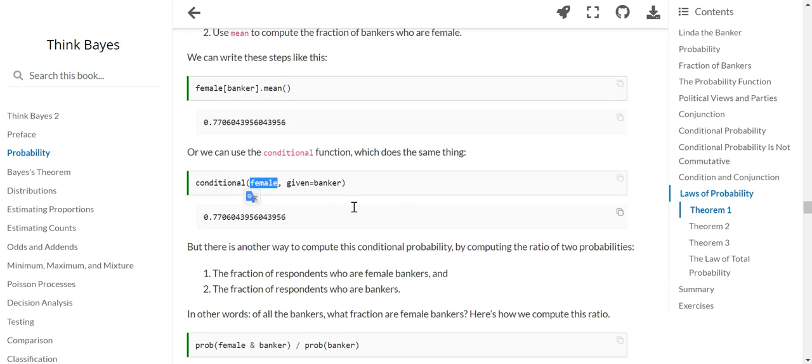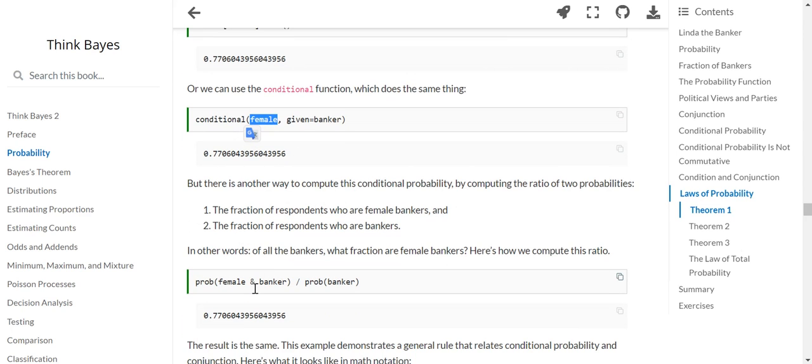But there's another way to compute this conditional probability by computing the ratio of two probabilities: the fraction of respondents who are female and banker, and the fraction of respondents who are banker. In other words, of all bankers, what fraction are female bankers? Here's how we compute this ratio.